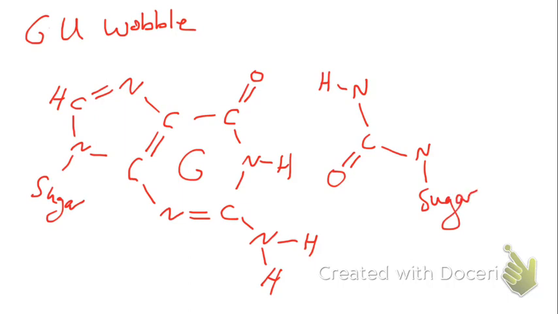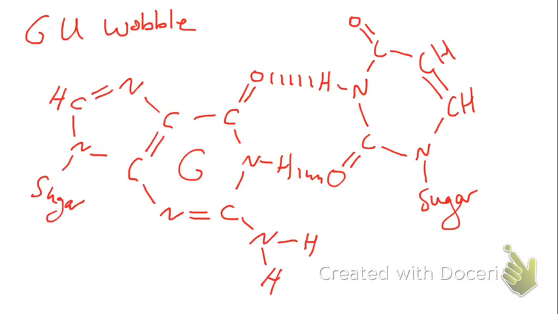And so the way a GU wobble would occur would be due to secondary structure or even tertiary structure of an RNA. So how the RNA would fold and how the RNA combines. In class we'll talk about RNA structure and different structures of nucleic acids. But this is what stabilizes them. So now we have 2 hydrogen bonds to stabilize. So it's the same strength as an A and a T, but it's between a G and a U, 2 things that we normally wouldn't think about bonding.